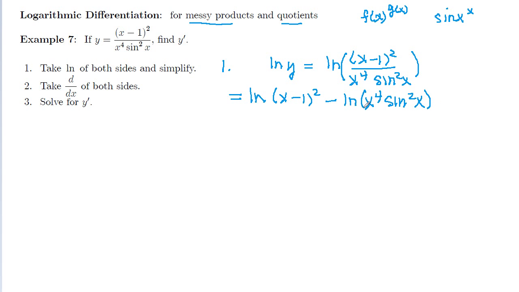And in the x to the fourth sine squared x, that's a multiplication inside the log, so that's going to be addition outside. So this will be natural log of x minus 1 squared, minus natural log of x to the fourth, plus natural log of sine squared x.